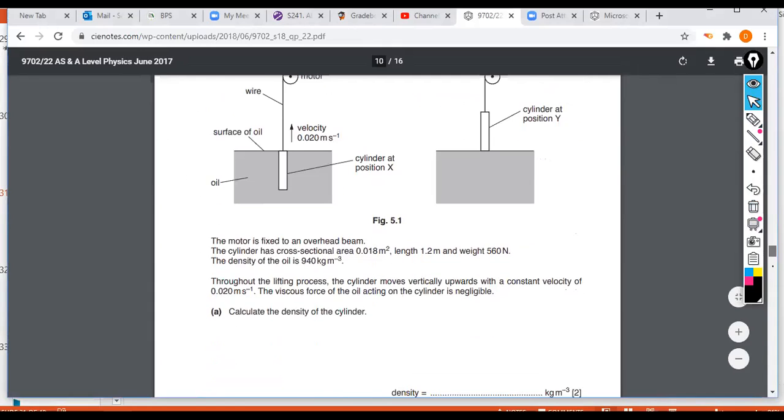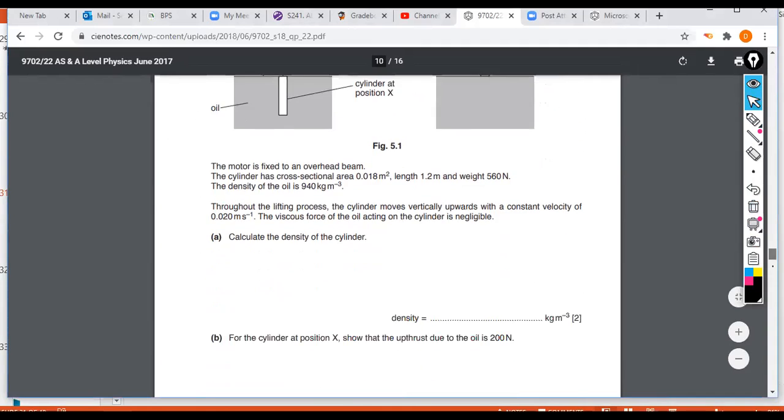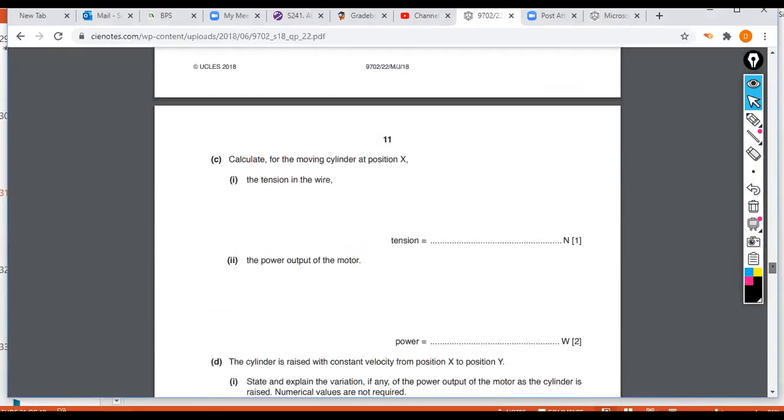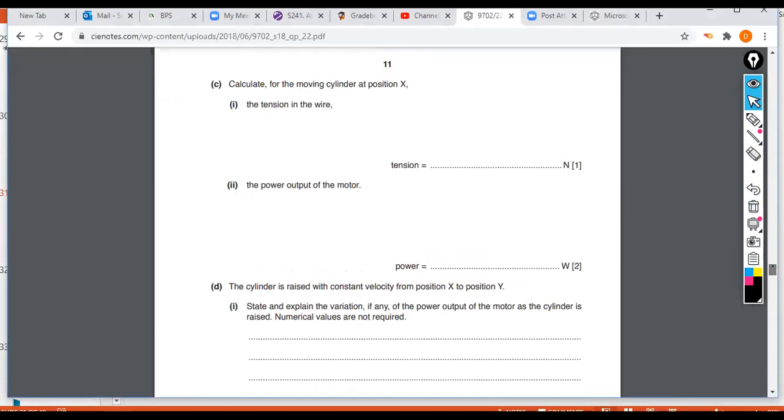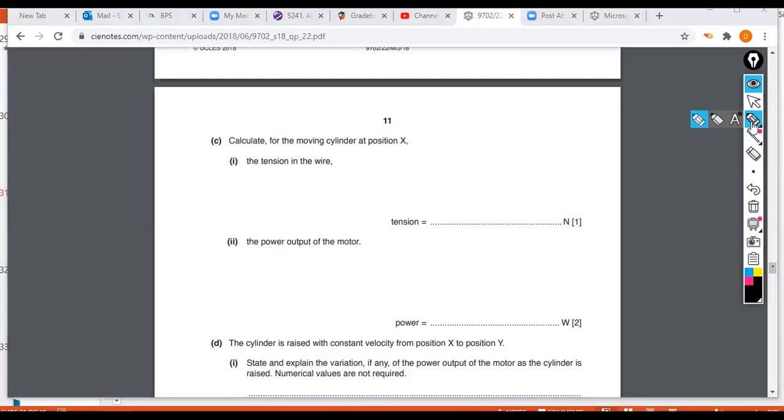My bad. Look at that, you guys. 560 newtons. 560 newtons of weight minus the 200 newtons of upthrust there.